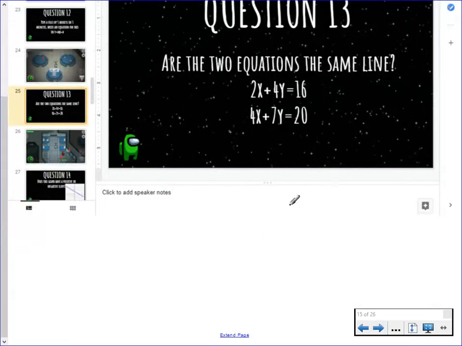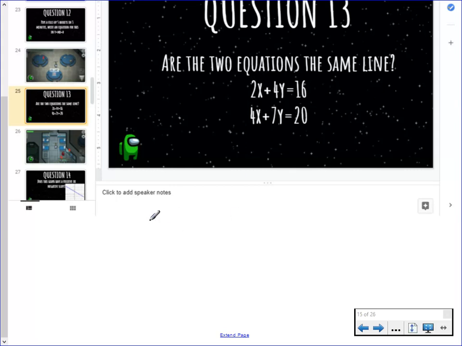This one says, are the two equations the same line? So what you're going to do is look at your x values. The top one, or your first equation's x, will go on the top. The second one will go on the bottom. So I'm looking at 2 divided by 4, which is 0.5. Now I'm going to check to see if my y values have the same ratio.